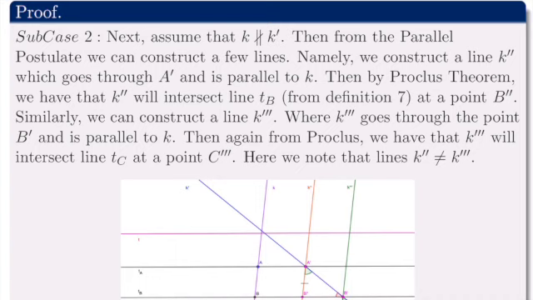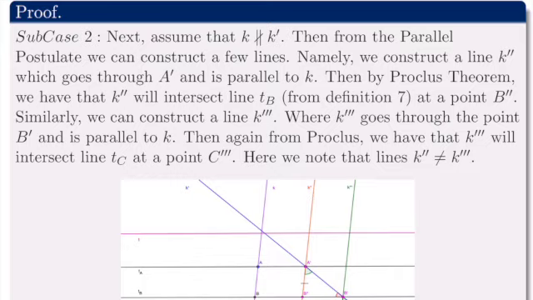Here we note that the lines K double prime and K triple prime are not equal, so they're two different lines. This image is kind of just a recreation of what we were working with. I just decided to put it into GeoGebra because it's easier to see the different lines and different colors, rather than having the picture all one color, which is kind of more confusing.